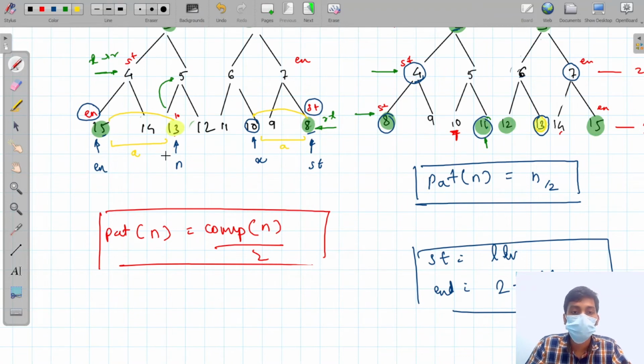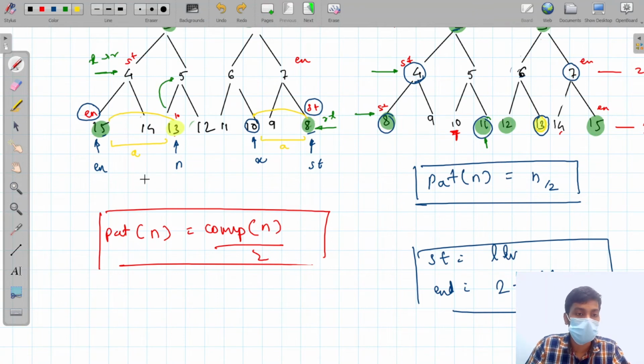Which means these two distances are going to be the same. If we take this 14 as n, then its complement is going to be 9, and the distance between these two is 1, so these two distances are going to be equal. I hope this distance thing is clear to you all.